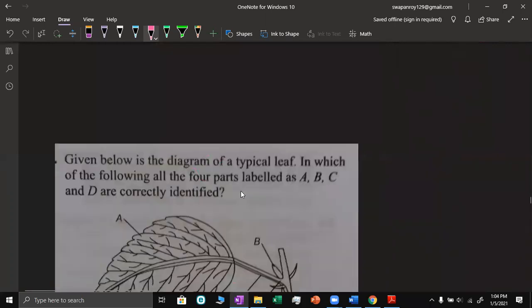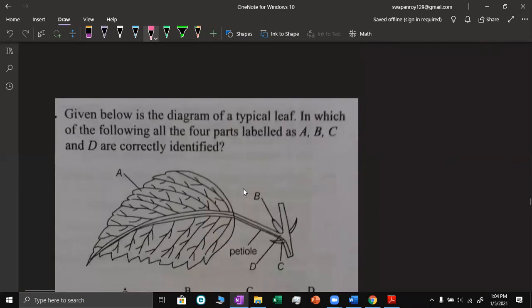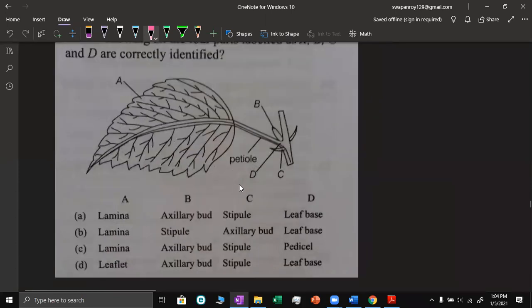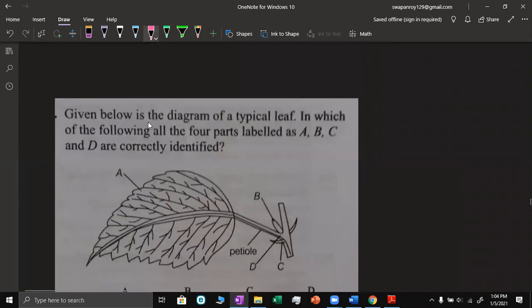Next is a question from the leaf. The drawing has been given. Given below is the diagram of a typical leaf in which all four parts labeled as A, B, C, and D are correctly identified.